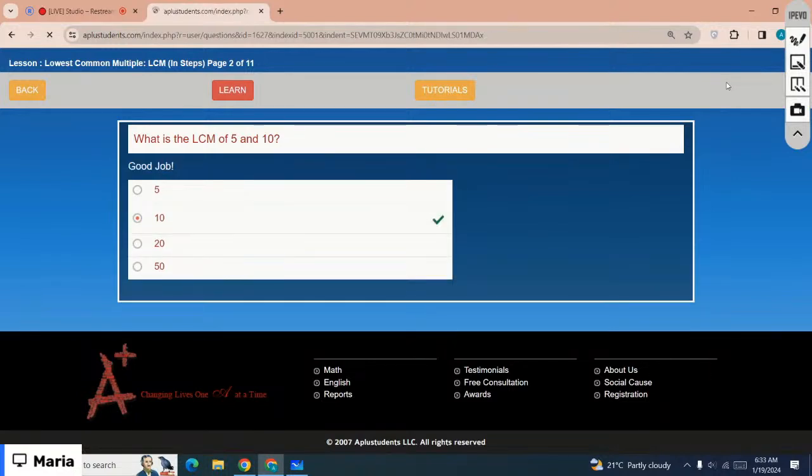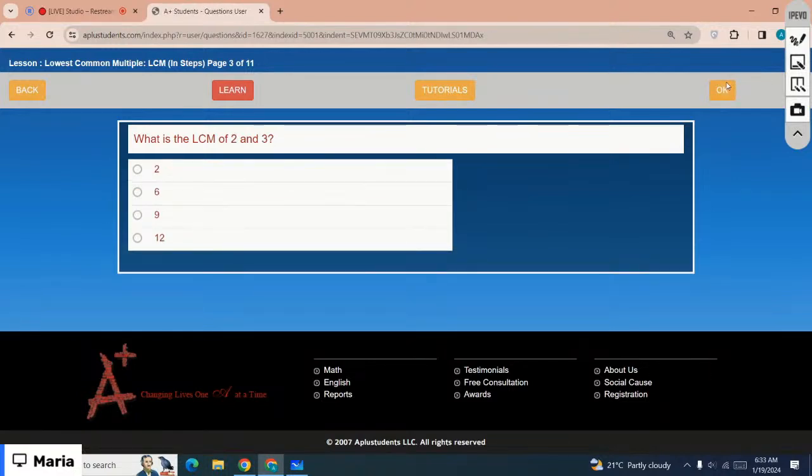Okay, the next one is what is the LCM of 2 and 3? Which is the correct option? 3 is a prime number, right? Whenever you have a prime number, that means they do not have any common multiple, right?